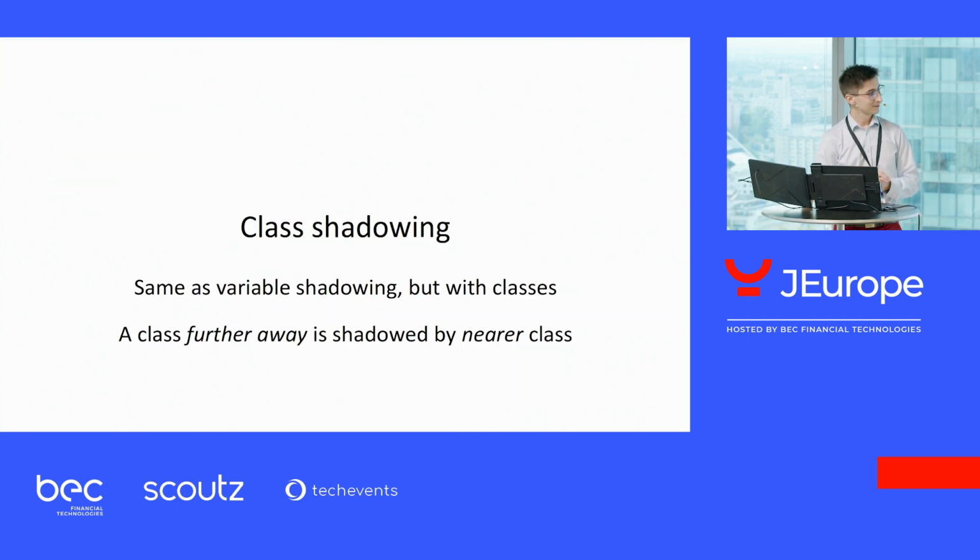And let's now head to the most important topic of this presentation. What is class shadowing? Class shadowing is the same thing as variable shadowing, which we know from C, C++, or any other language.